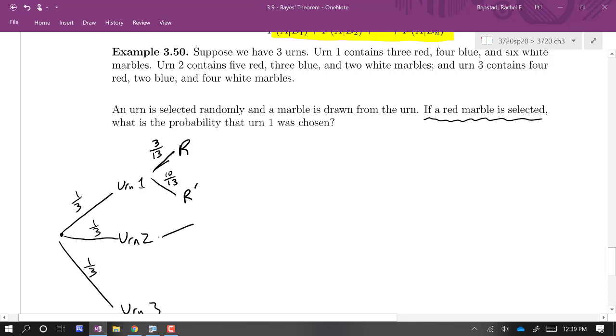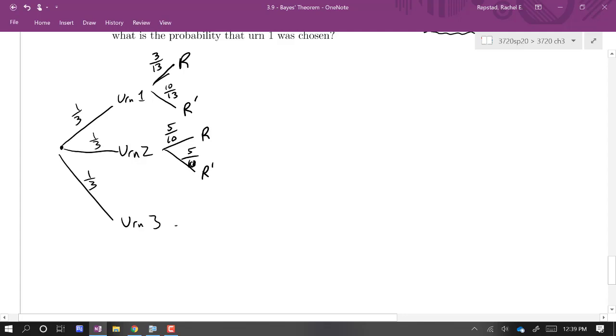Urn 2 contains 5 red, 3 blue, 2 white marbles, so that's 10 marbles. 5 of them are red, so we have a 5 out of 10 chance of getting a red, and a 5 out of 10 chance of not getting a red. And then the third urn has 4 red, 2 blue, 4 white. So that's still 10 marbles. 4 of them are red, which means 6 of them are not red.